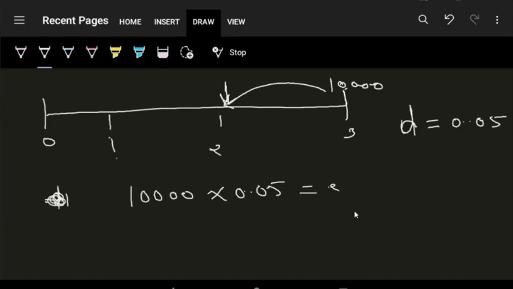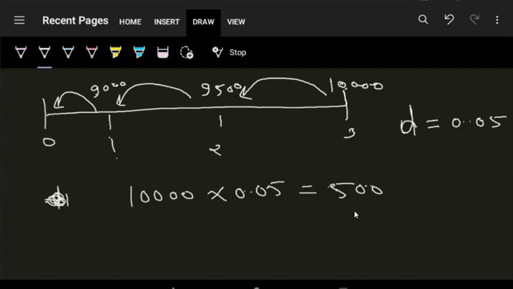It will be 500 rupees. Now this will come here and the amount will be 9,500. This will again come here and the amount will be 9,000, and this will again come here and the amount will be 8,500.